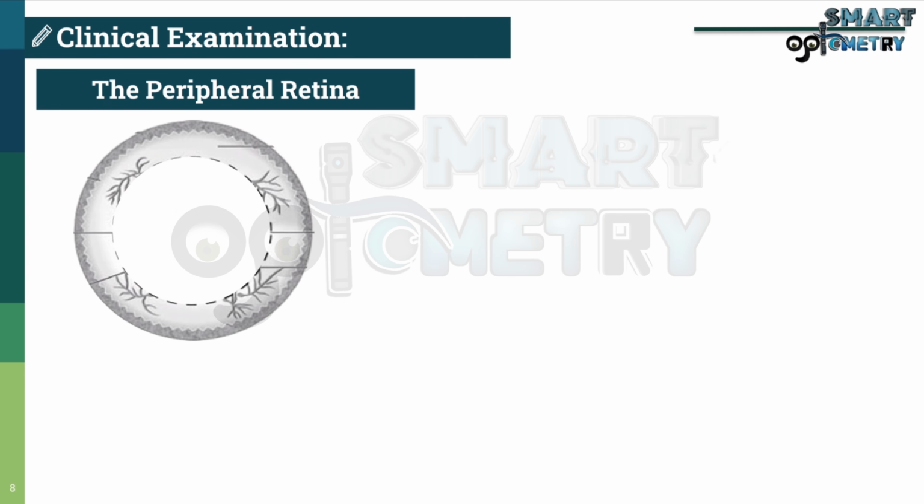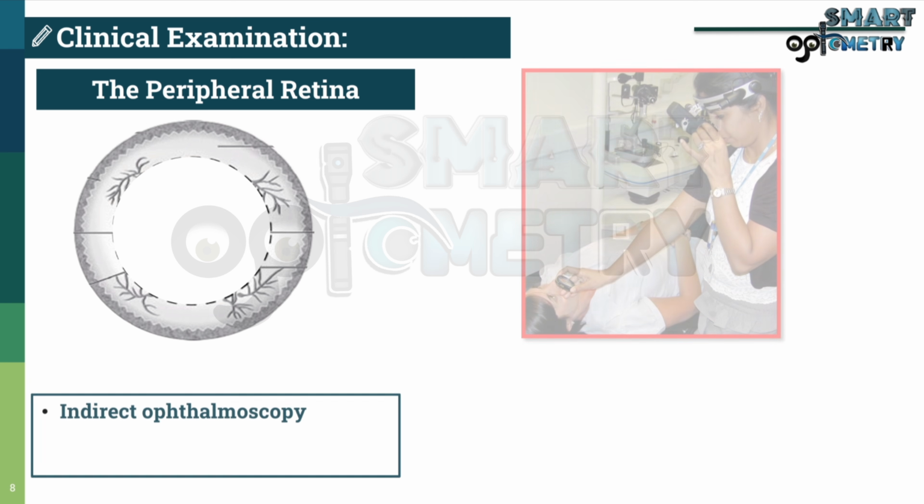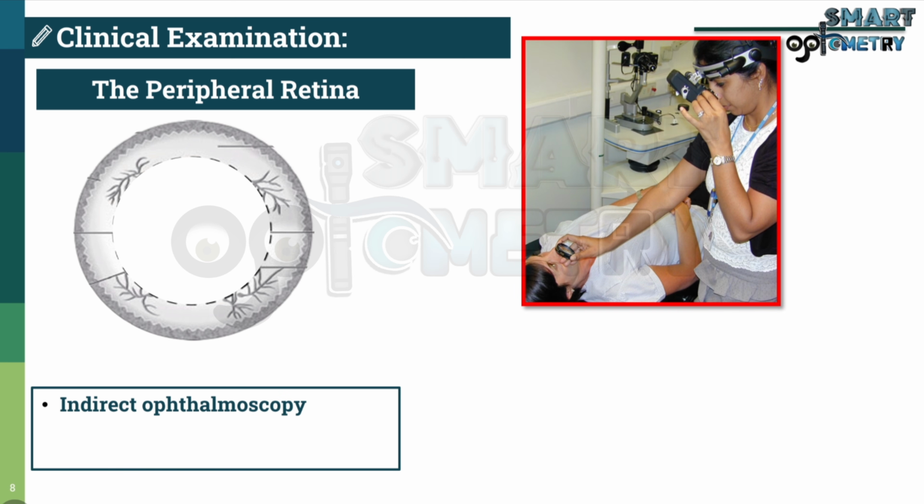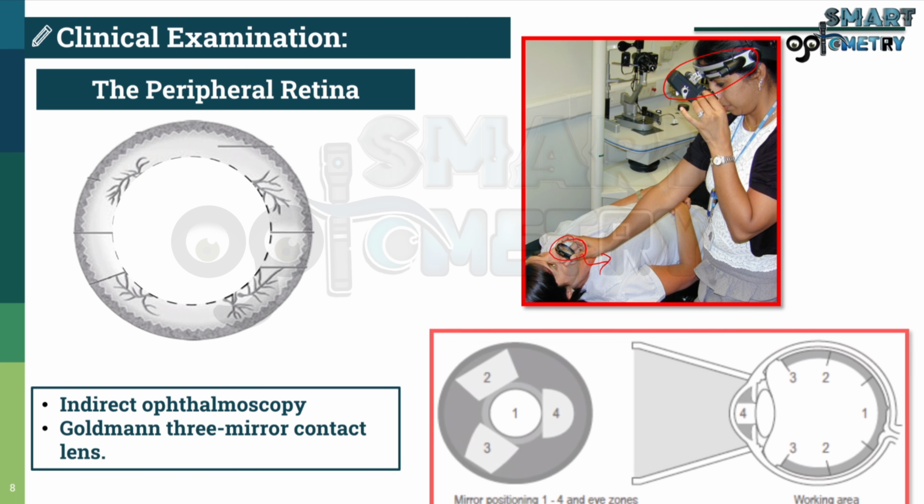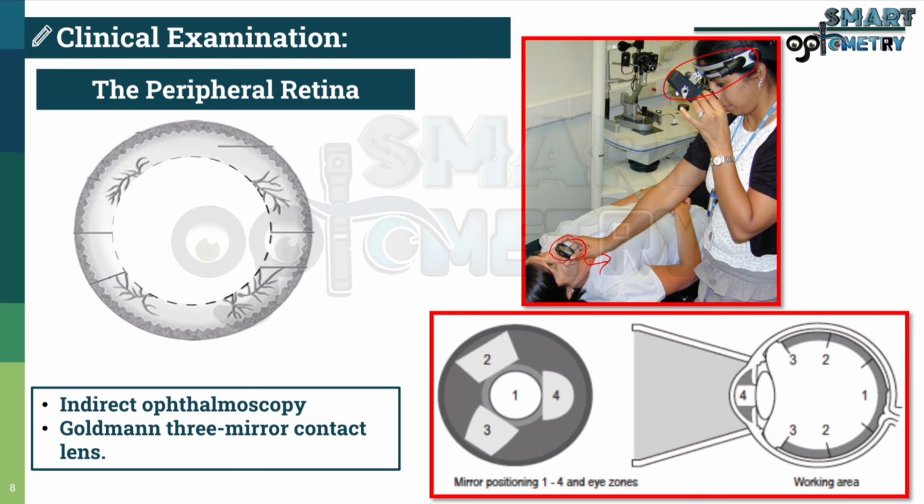Now to examine the peripheral retina, we have two techniques. One is indirect ophthalmoscopy. So this is the indirect ophthalmoscope with a high power convex lens that helps us to see the peripheral retina. And the second technique is Goldmann 3-mirror contact lens, that is gonio lens. So in the Goldmann 3-mirror contact lens, the central lens is to see the posterior pole of the retina.